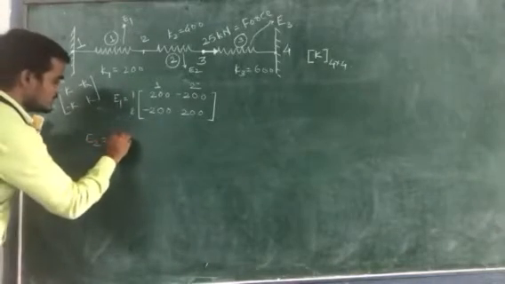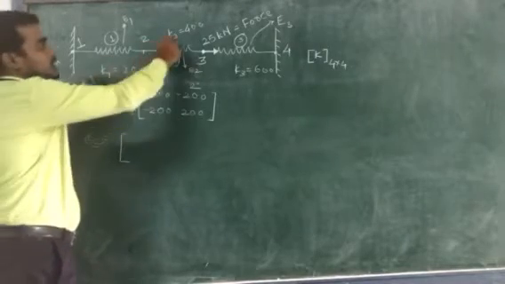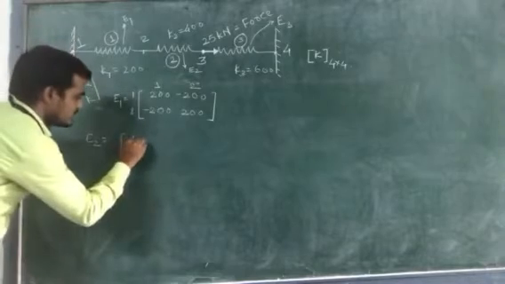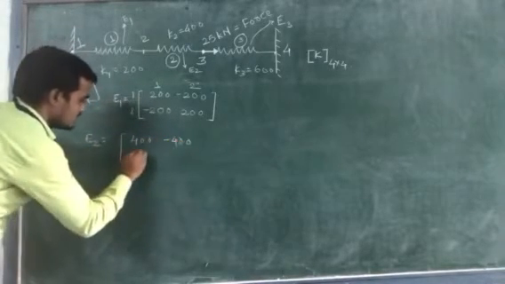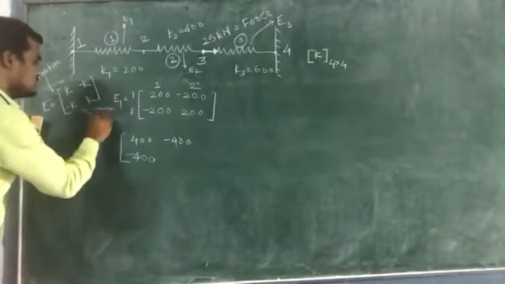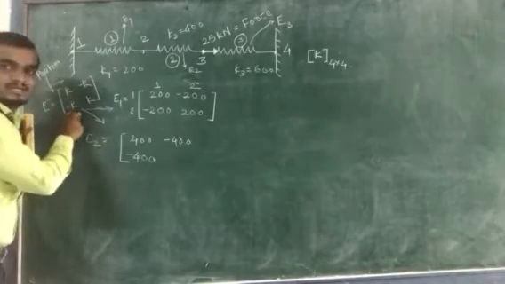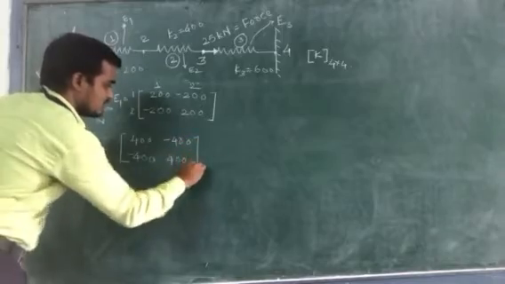Instead of K, you have to write this value, 400. So you will get 400, minus 400, minus 400, and 400, similar to the generalized stiffness matrix for the spring system.